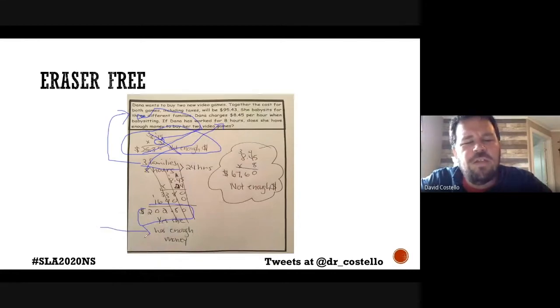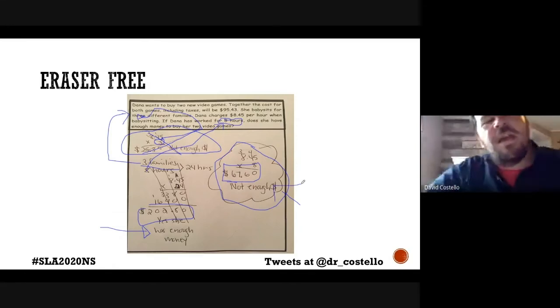And then when she reread the problem, she thought, no, she didn't work for 24 hours. She has only worked for 8 hours, so the 3 families is really extraneous information. So what she did is now she multiplied $8.45 by 8, and she had $67.60. And she said, no, Dana does not have enough money.